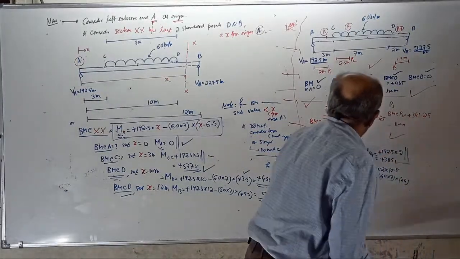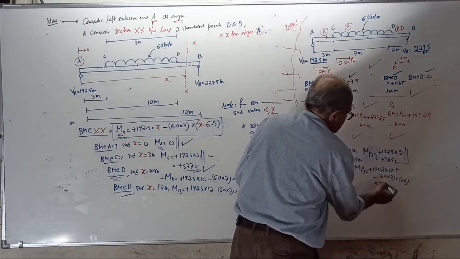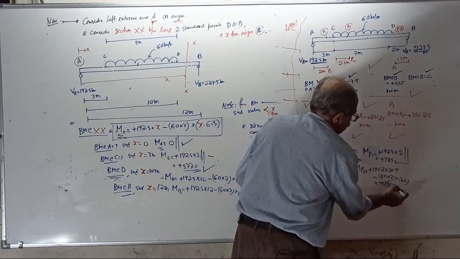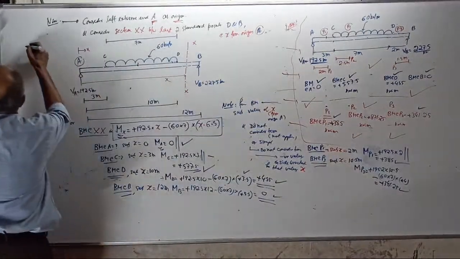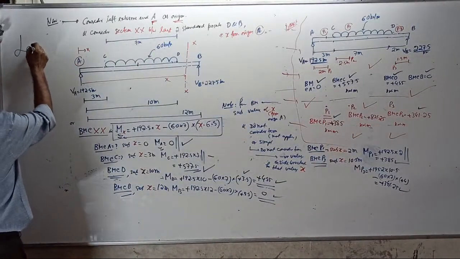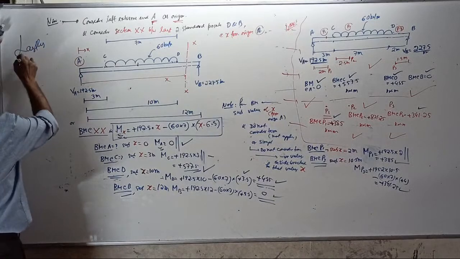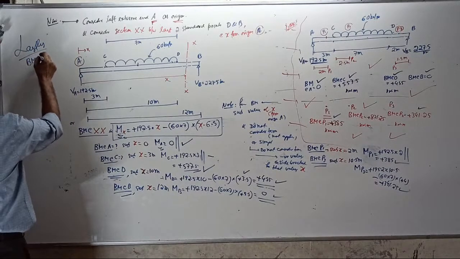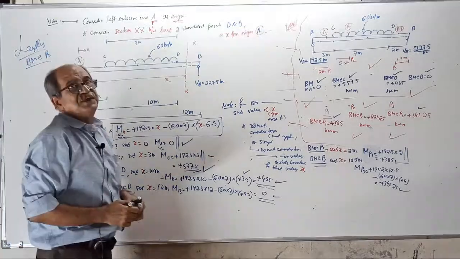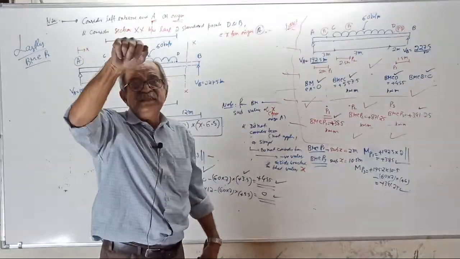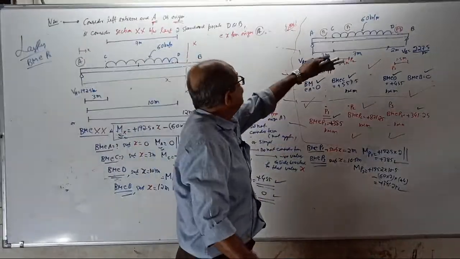Same. So P3 is plus 341.25. This also is tallying. Now lastly, bending moment at P2. That is a special point which lies somewhere inside the UDL.